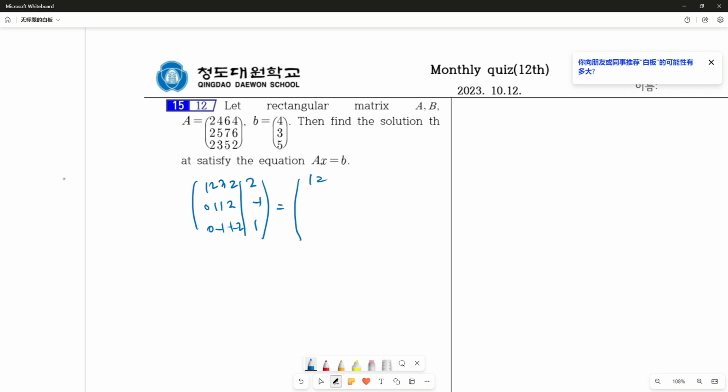Then 1, 2, 3, 2, 0, 1, 1, 2 and 0, 0, 0, 0 and 2, negative 1, 0. And finally 1, 0, 0, 1, negative 2 and 0, 1, 1, 2 and 0, 0, 0, 0.